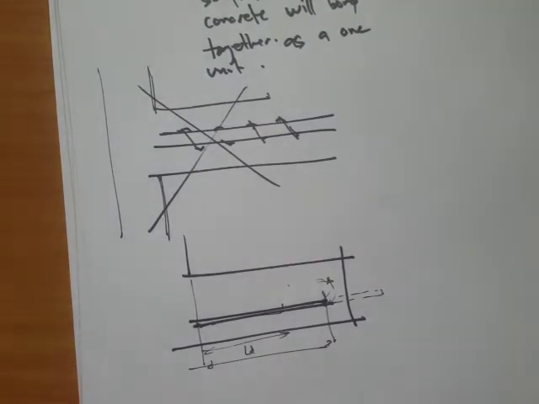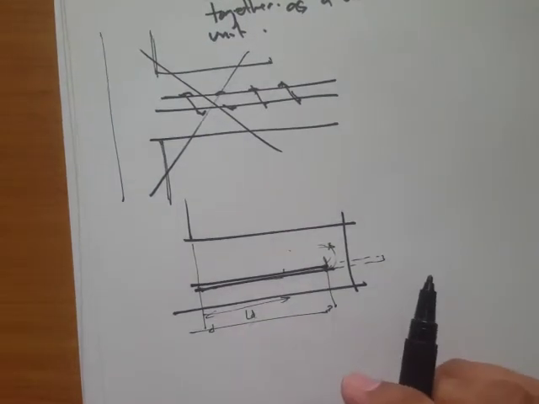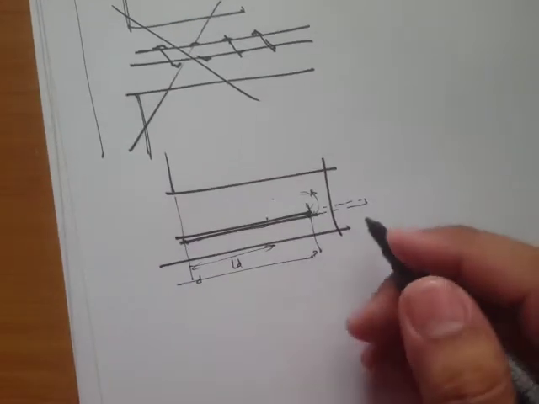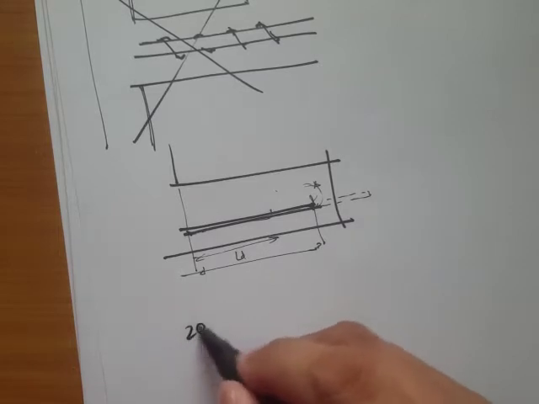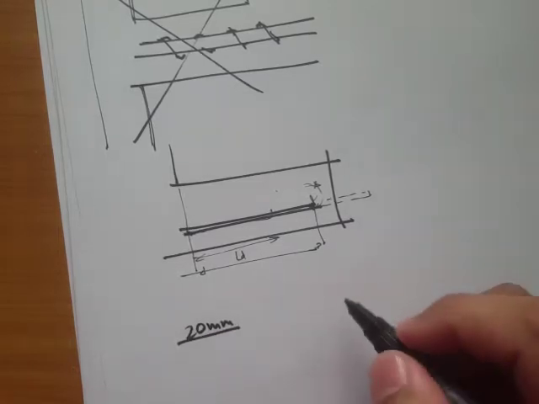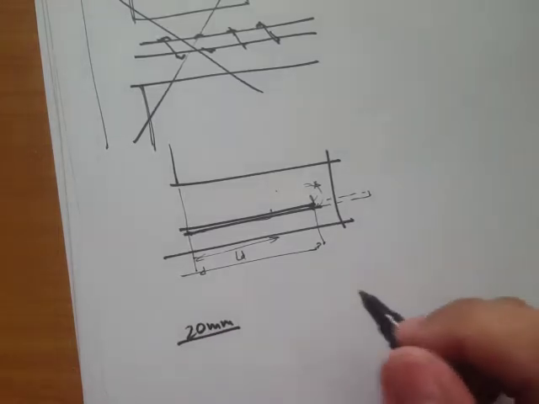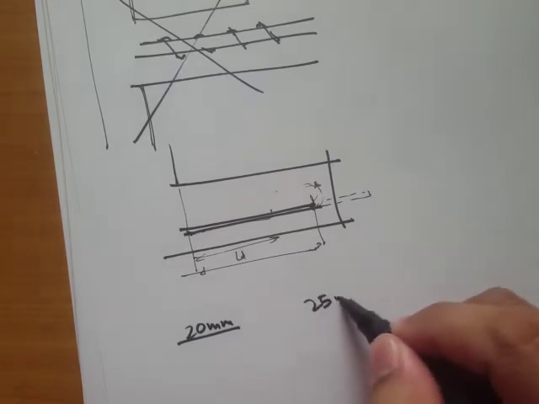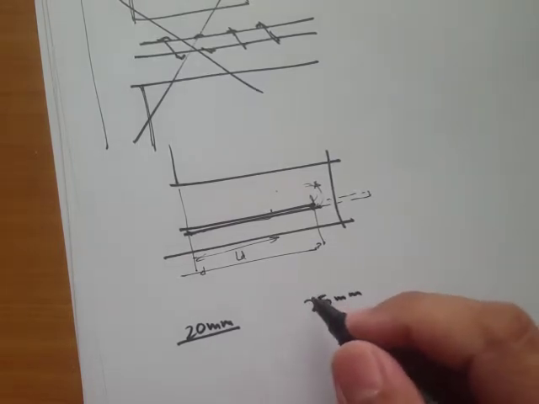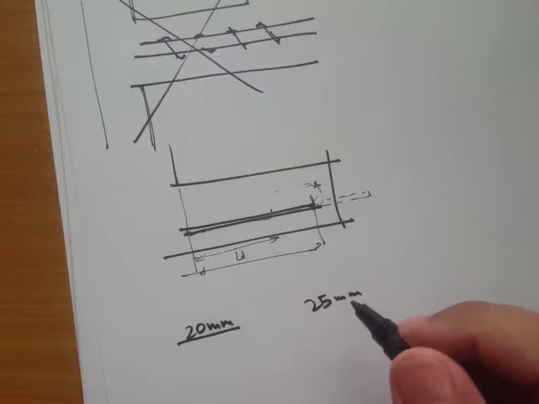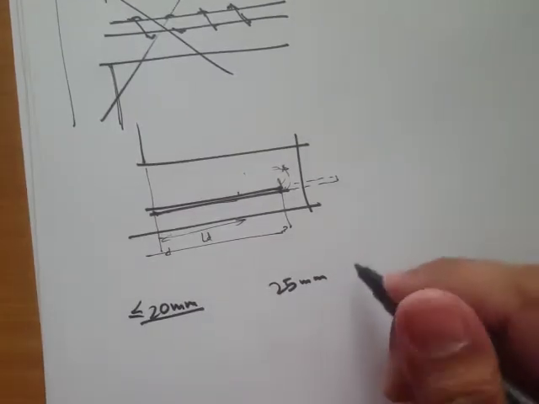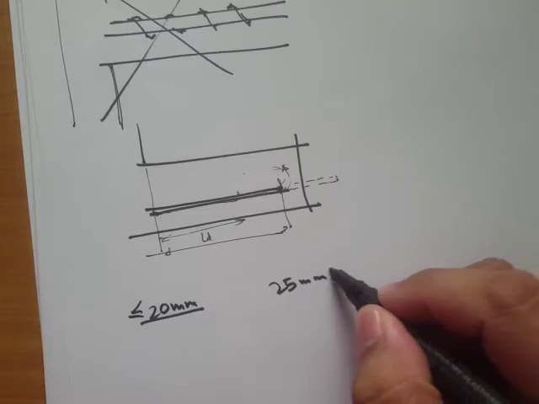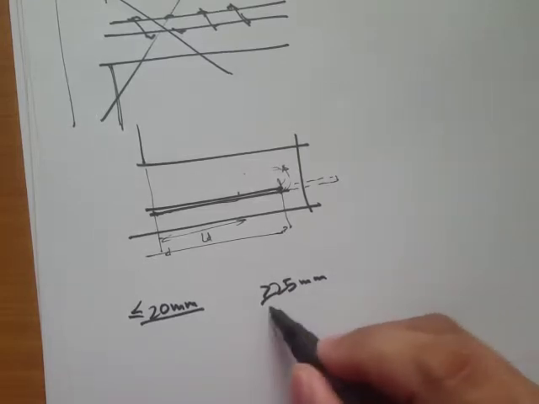Now to solve for the development length, we have conditions that can be found in the NSCP. For example, we have 20 bars and smaller, and 25 bars and larger.